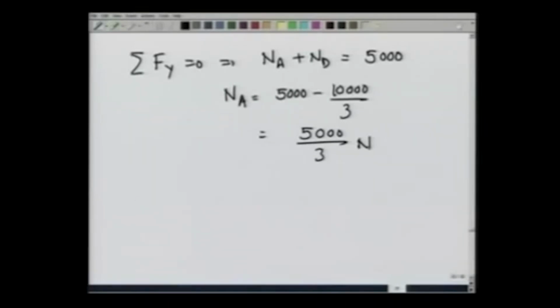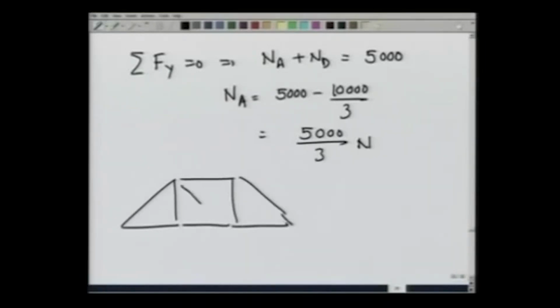So, now if I look at this truss, let me try to make it to scale. Now, I know there is a force acting here, 10,000 newtons over 3. There is a force acting here downwards, 5000 newtons.